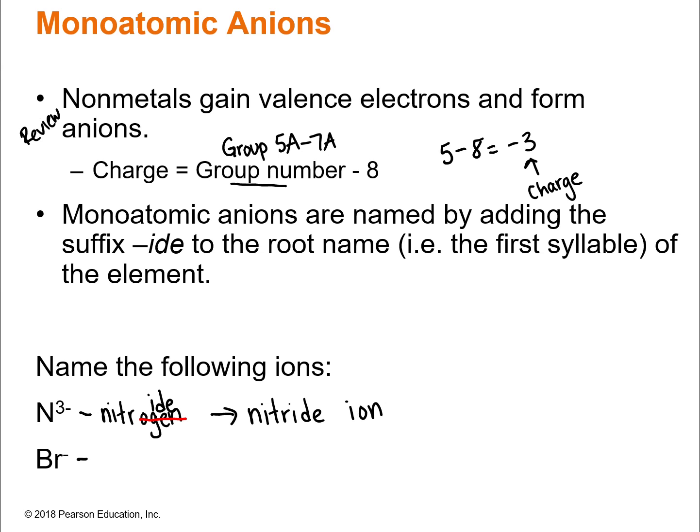We have bromine next. I'll start you off here. If we have bromine, we're going to keep the brom. So what will our ion name be if we're getting rid of everything after the BROM? It's going to be bromide.